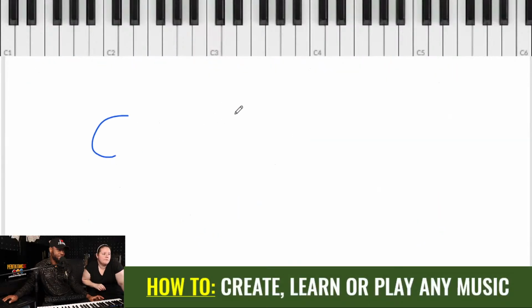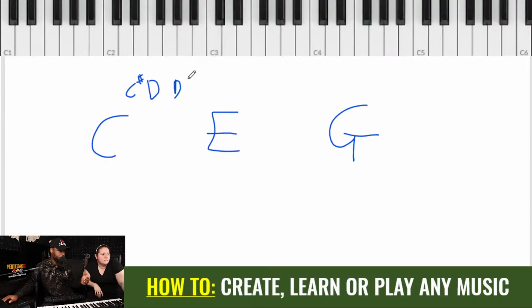The goal is to know the order of notes. If you don't know the order of notes, then it will be hard for you to understand what you're building. So following the order of notes, we have C, we have C sharp, we have D, and we have D sharp. Do you understand? So look at how many notes we have before we go to E. So this is C.